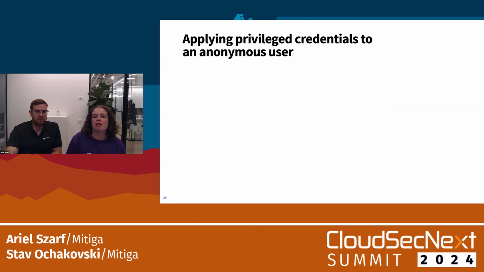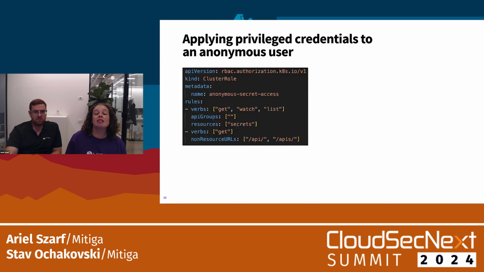Let's consider an example. A threat actor who gained initial access to the cluster might want to maintain that access using the anonymous user. They could create a cluster role that grants access to all the cluster's secrets. As we can see in the snippet, the anonymous secret access role is granting get, watch, and list permissions on the secret resources.